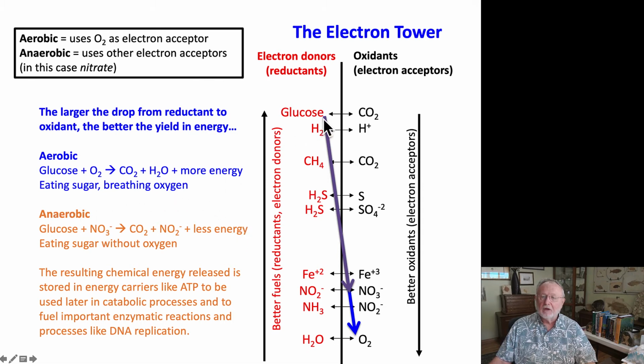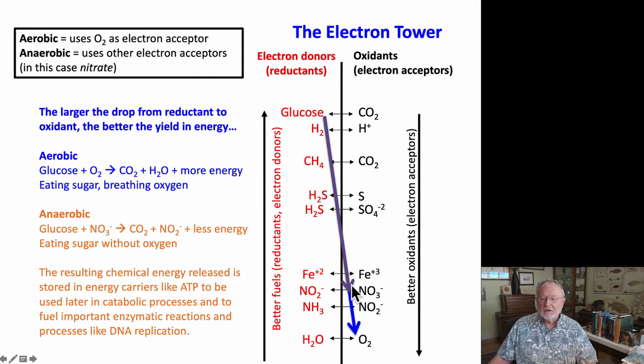So we can have glucose interacting with oxygen to produce CO2 and water. Or we could have glucose interacting with nitrate, again producing CO2, but now with nitrite as a product. Both reactions can take place.